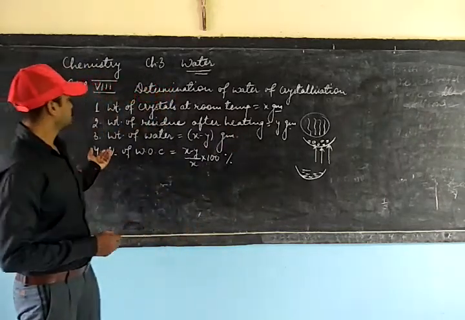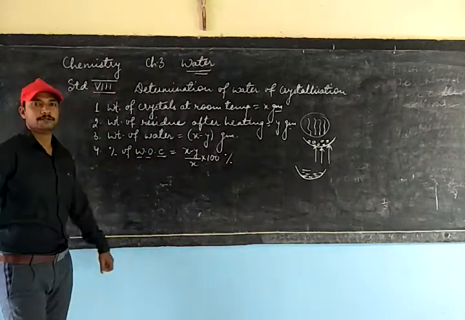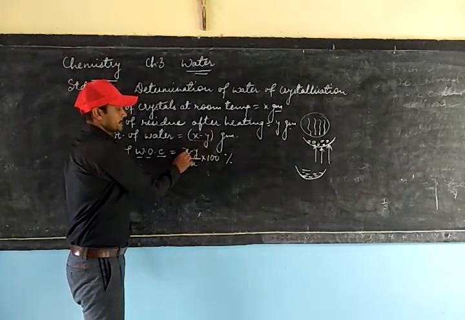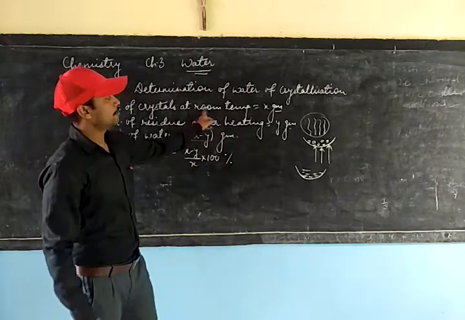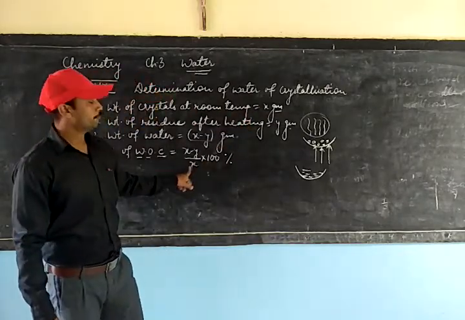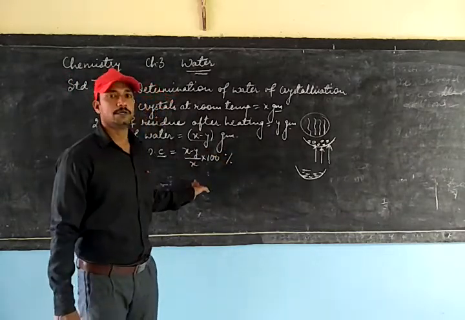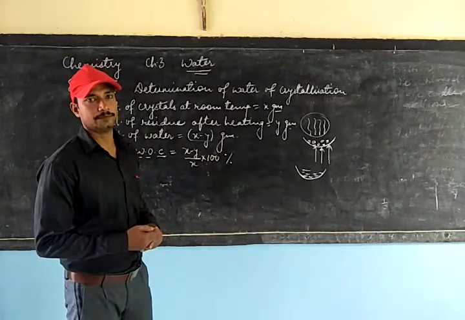Now the last step is to find the percentage of water of crystallization, which will be equal to the weight of water, which is x minus y gram, divided by the weight of crystal, which is x gram, multiplied by 100. That will give you the final answer, the percentage of water of crystallization.